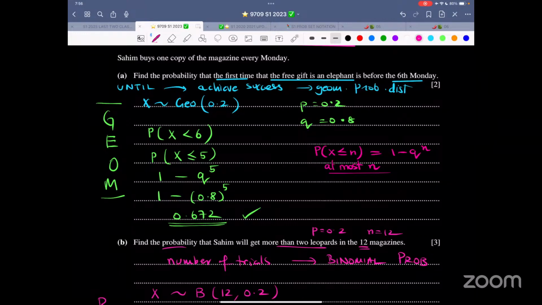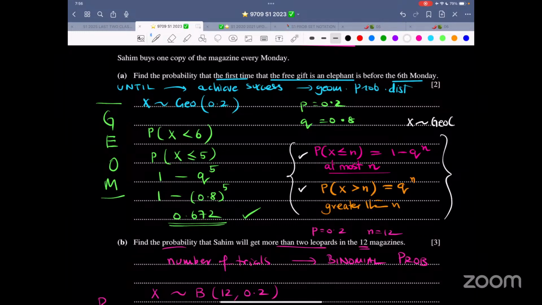And similarly, if I write probability x is greater than n, that is q raised to power of n. This is greater than n. Of course, both these shortcuts are valid for x follows a geometric distribution with the probability of success p.